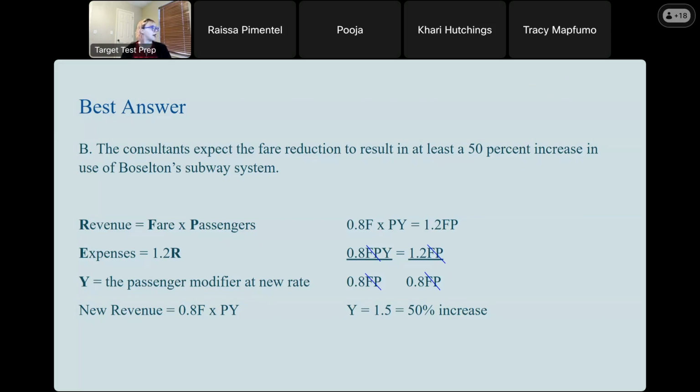So we know that 80% F times whatever new number of passengers must equate to the expenses, because they said that it would offset the current expenses. So 1.2 times FP, and then we can take out F and P and solve for Y. And so 0.8Y equals 1.2, so Y equals 1.5, 50% increase.